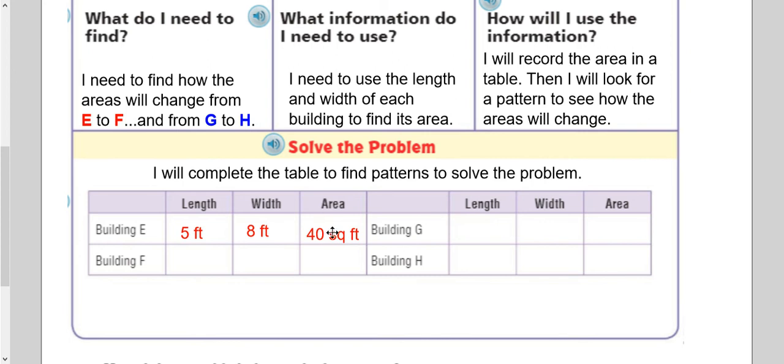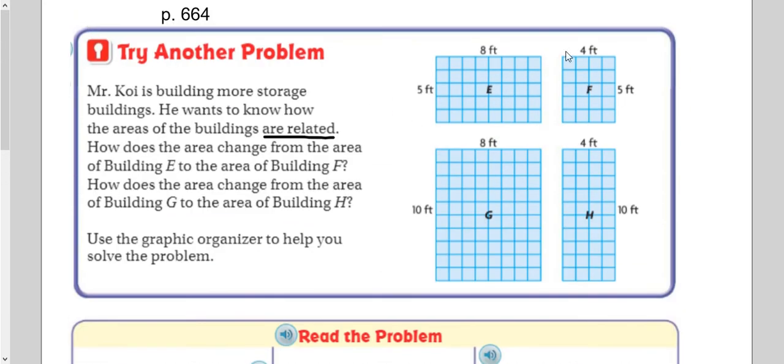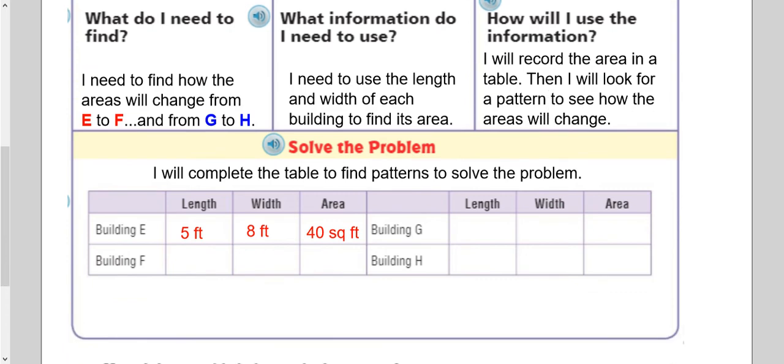Going back up to our diagram up here, we have a 4 by 5. Okay, so the 5 is the same, but we went from an 8 to a 4. All right, looks like we went halfway. I bet that's going to be very important later on.